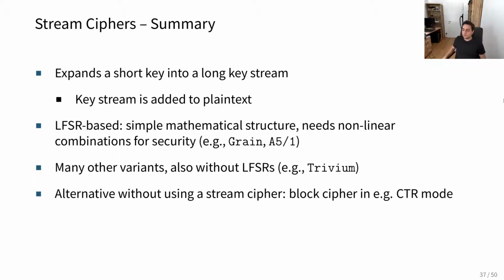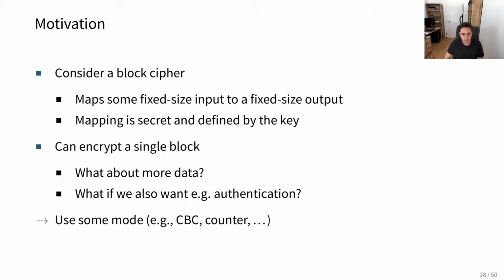Okay, then let's move on with a quick introduction into sponge functions. Cryptographic sponge functions. And first a bit about the motivation. We heard about stream ciphers right before that, and we know that with a stream cipher we can generate an arbitrarily long key stream, and we can just add it to some plaintext and we receive a ciphertext.